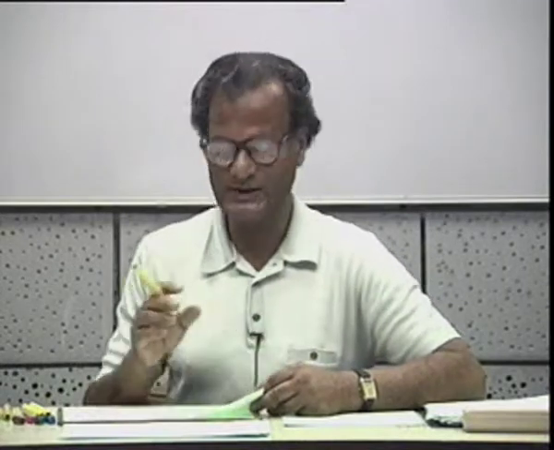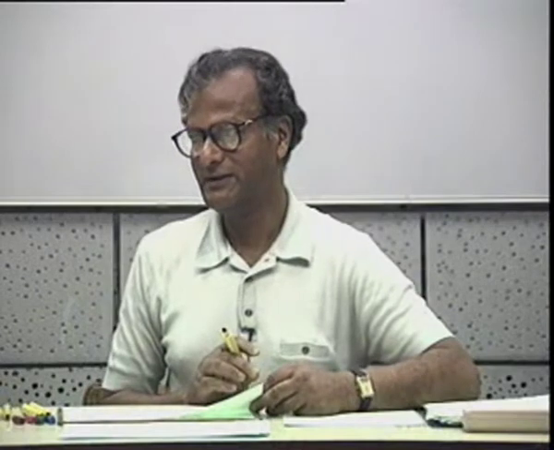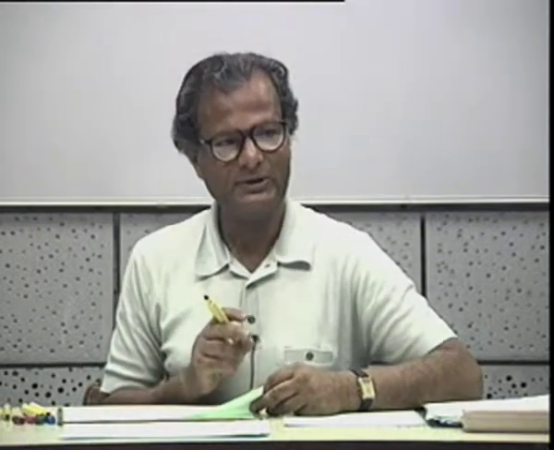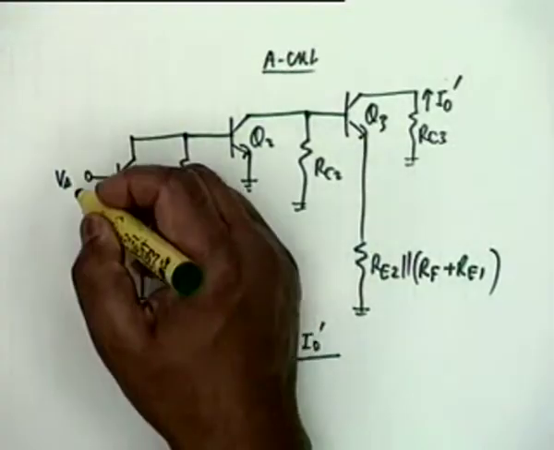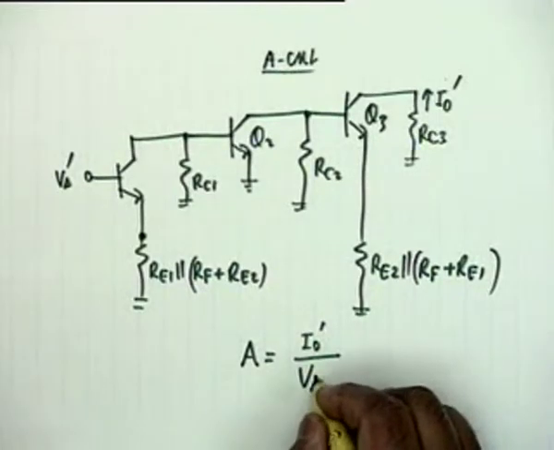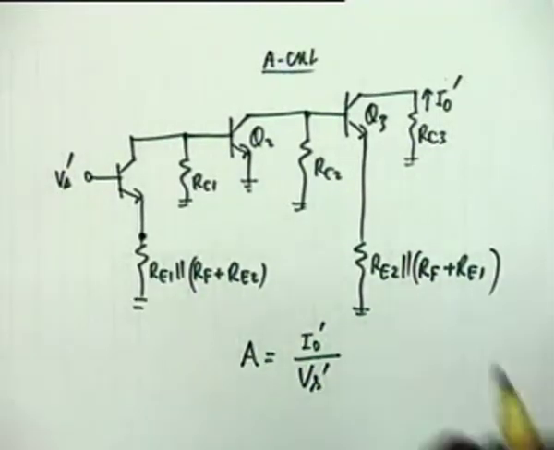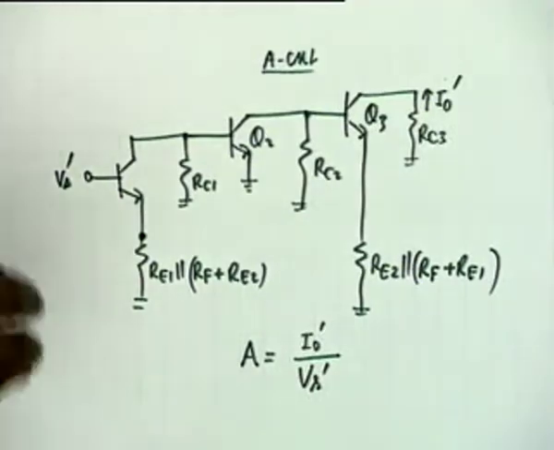Because it is a series configuration, and the appropriate gain is the output current divided by the input voltage, right, which would have a dimension of conductance or admittance. So what you have to calculate is I0 prime divided by Vs, or to keep continuity, I0 prime by Vs prime.